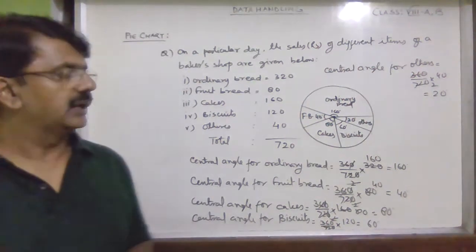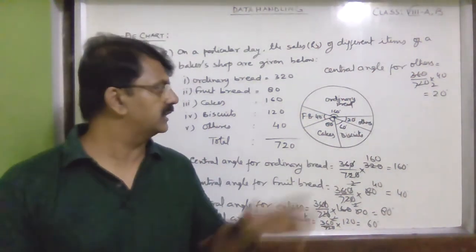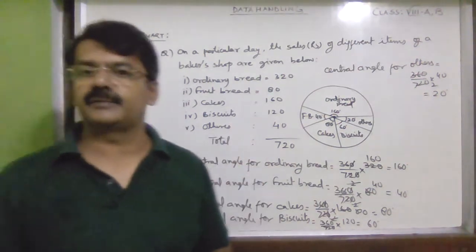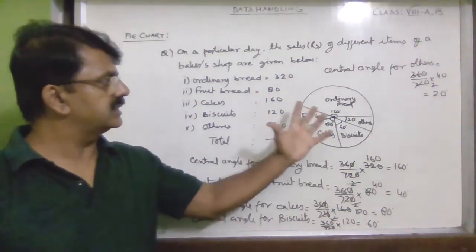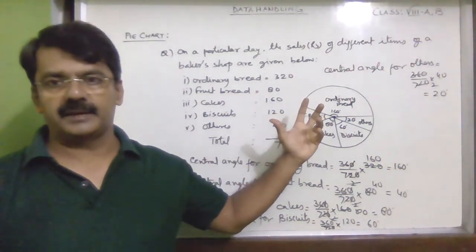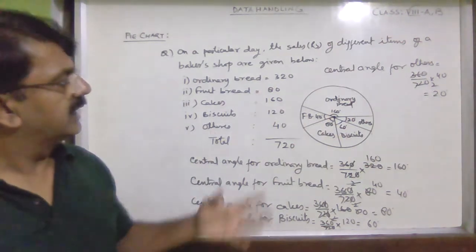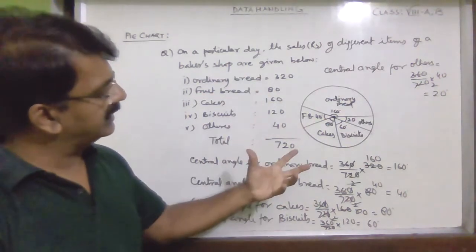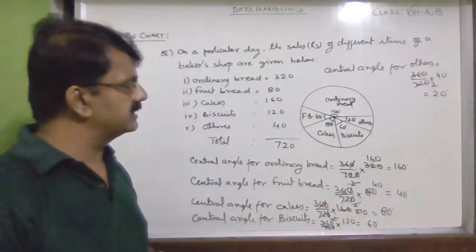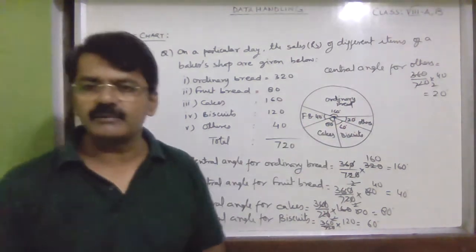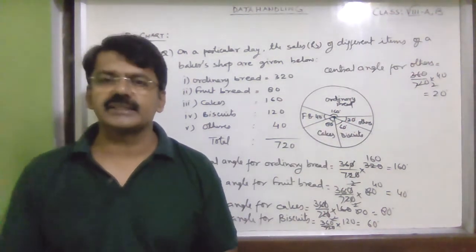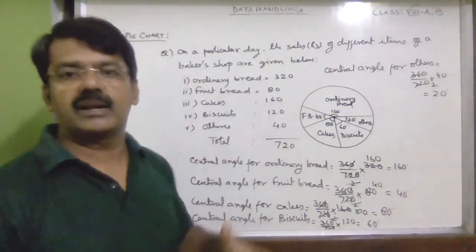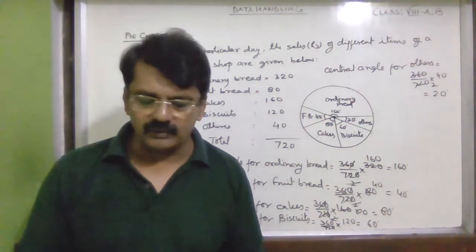Now you can shade these regions using different colored pencils. So this is your pie chart, and using this pie chart, it is very clear that the sale of the ordinary bread is maximum and the sale of others is minimum. So again, it's a visual representation that gives you a clear picture of the sale of various items. Okay. Now we'll do the next question.